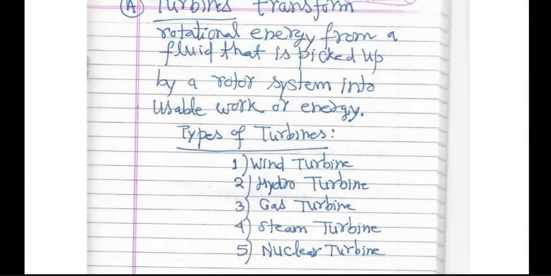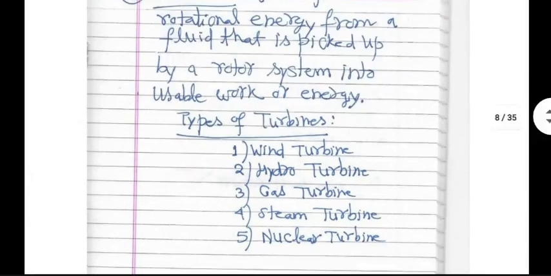High pressure gas can also be used to create high speed rotation. Steam can also be used. Nuclear sources can be used. They ultimately produce a lot of high temperature, which is used to produce the gas. So essentially, nuclear reactions ultimately run a gas turbine, for sure, or a steam turbine.